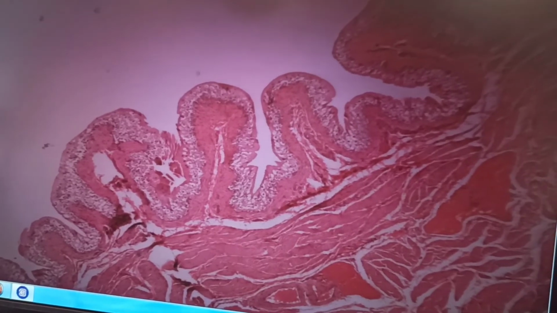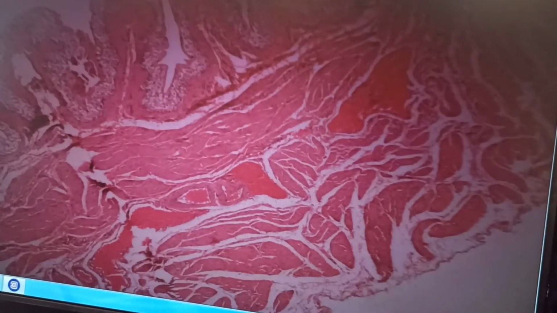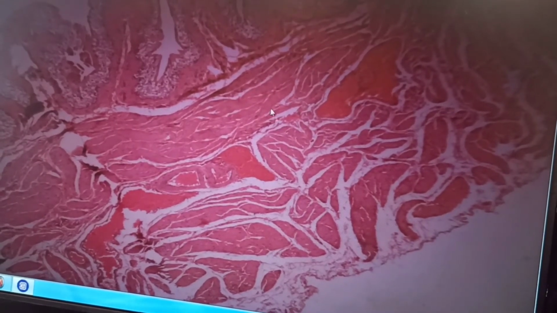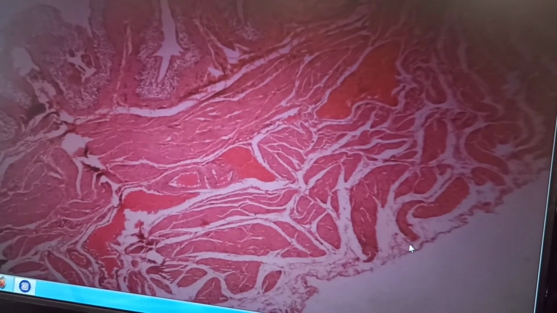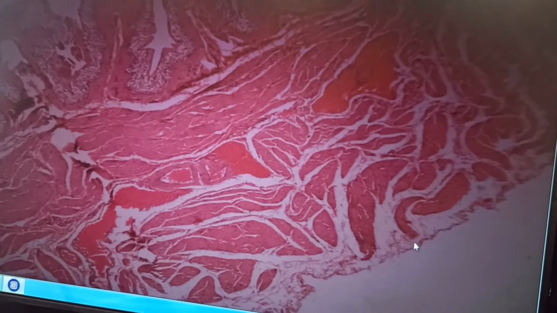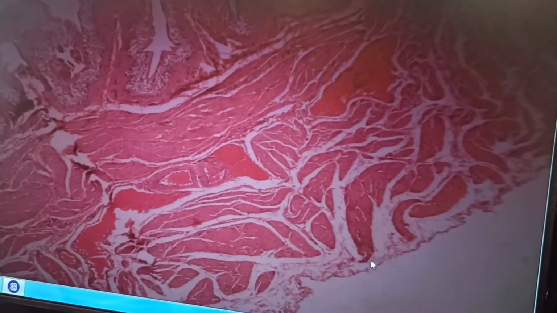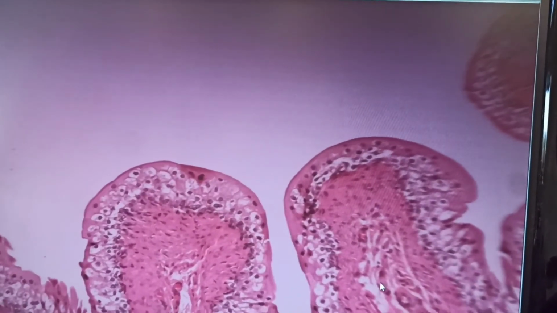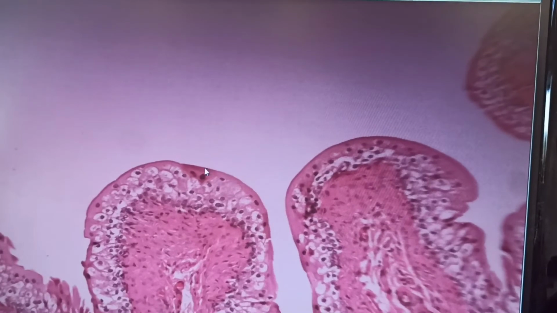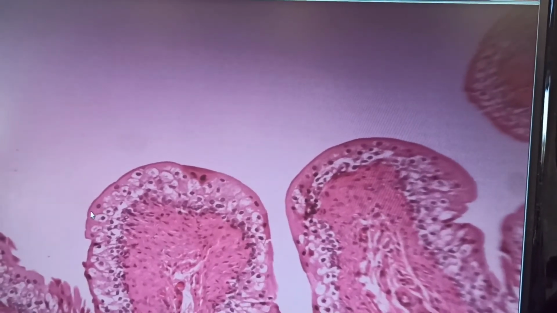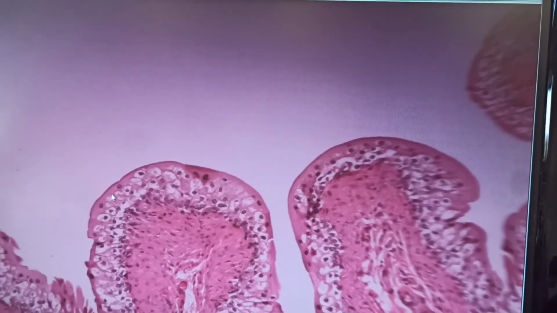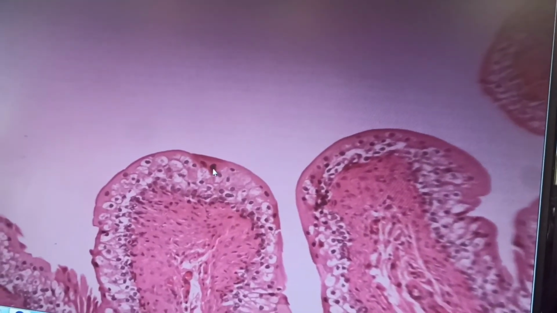You can see we have a very thick muscular layer from here to this part. Muscular layer, and this adventitia, we can say adventitia on the outside, this part. Magnify. Again, the umbrella cell usually stains darker than the intermediate cells. Some umbrella cells have two nuclei.